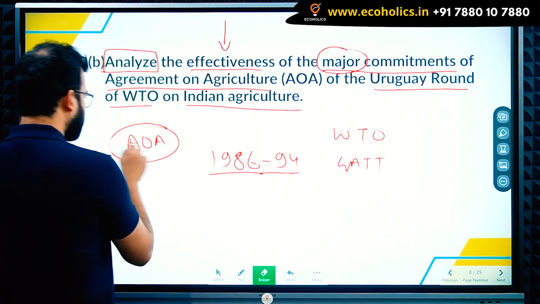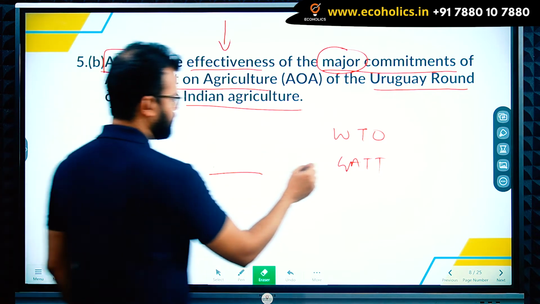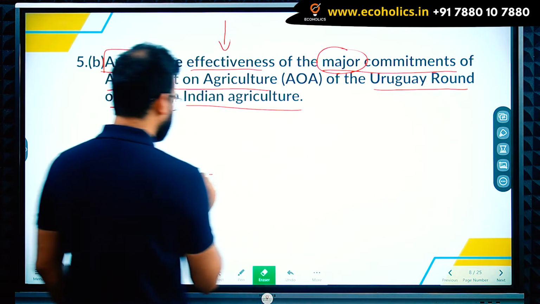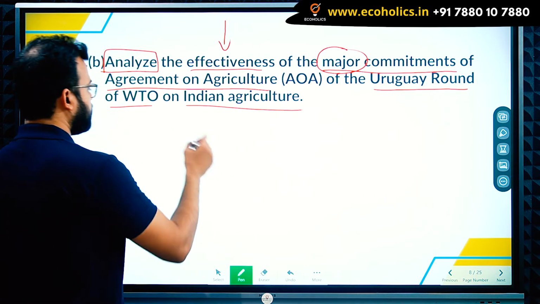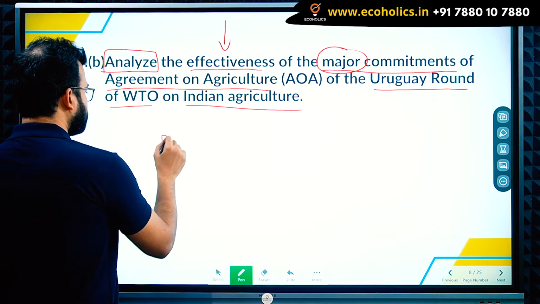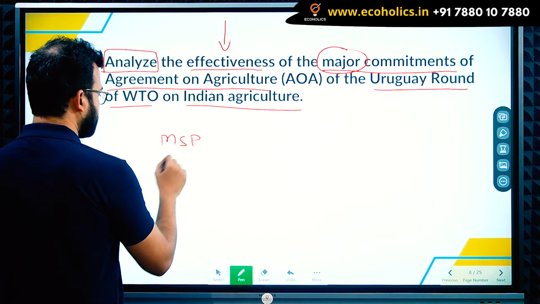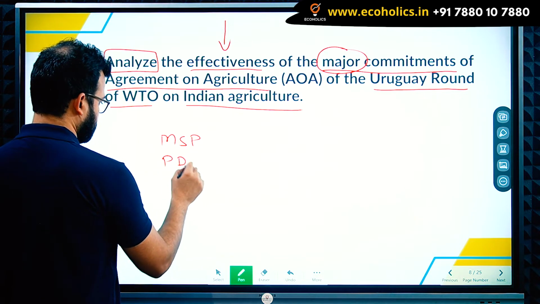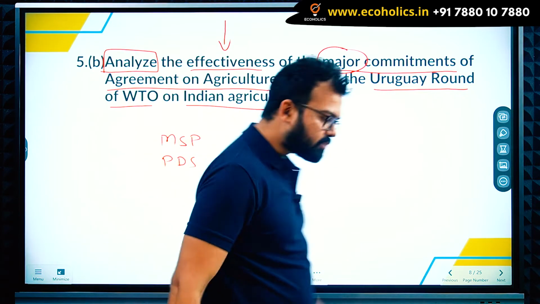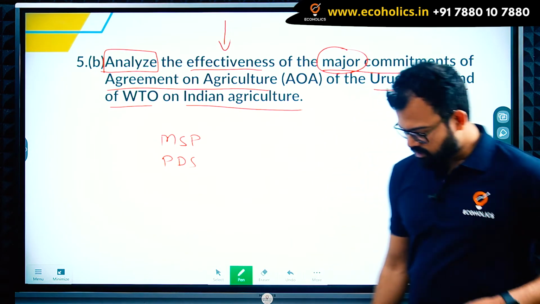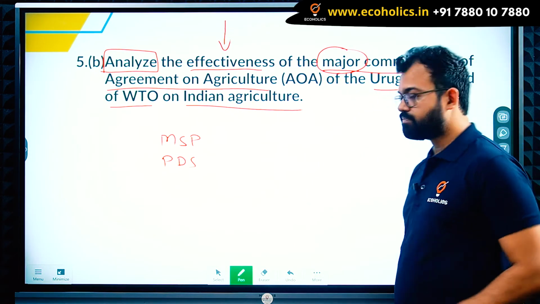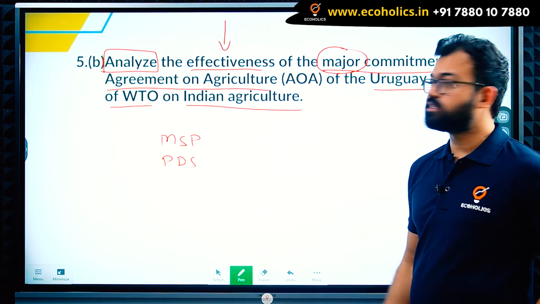Now, if you have seen my lecture on WTO, you must be able to answer this question. There are certain issues regarding MSP and PDS. A lot of issues: for example, they were saying that India is providing too much subsidy, and that subsidy is distorting trade.